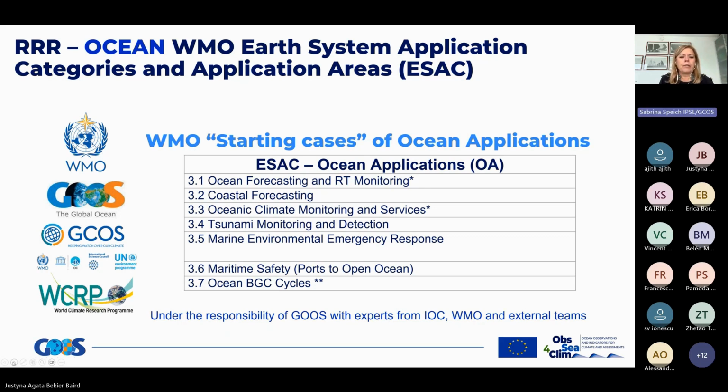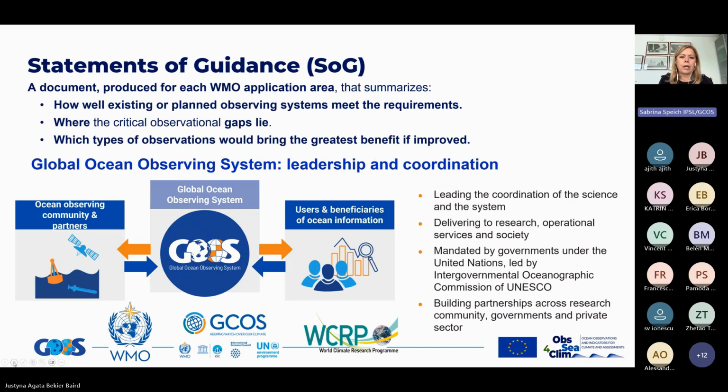So if we go to the next slide, I will introduce what was expected in the statement of guidance. So a statement of guidance in this process is a document produced for each WMO application area that summarizes how well existing or planned observing systems meet the requirements, where the critical observational gaps lie, and which type of observation would bring the greatest benefit if improved.